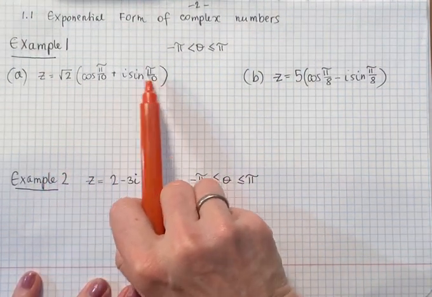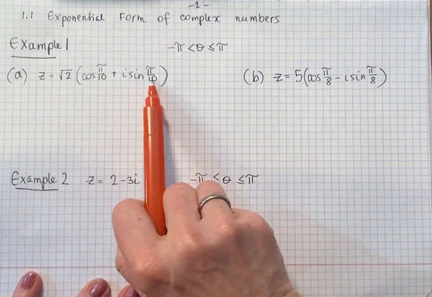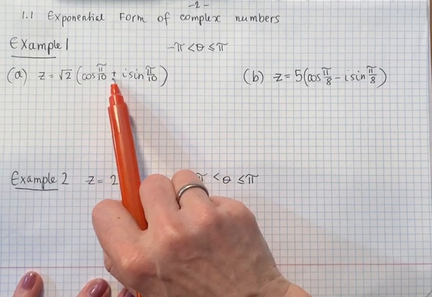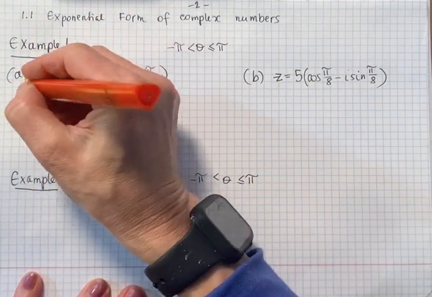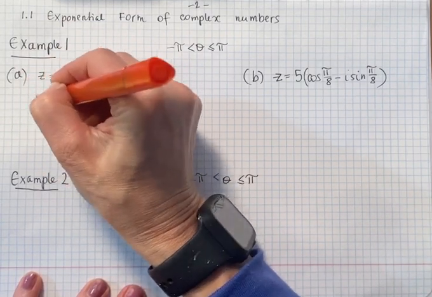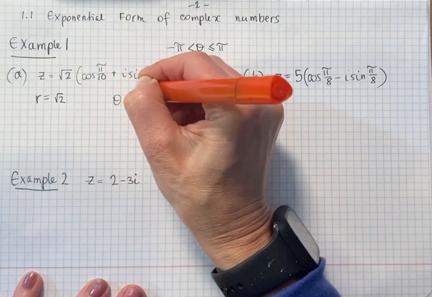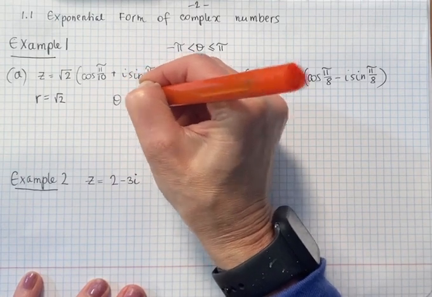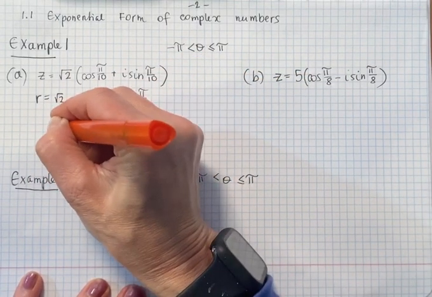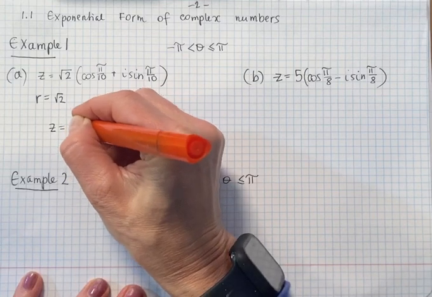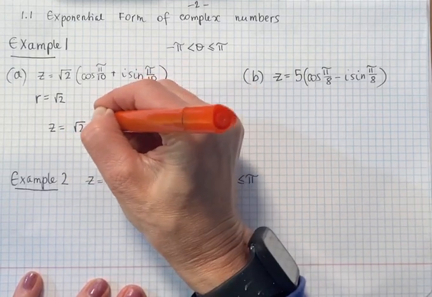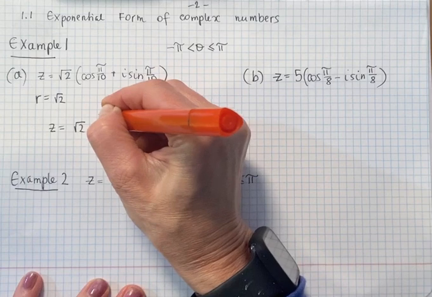Okay, so over here you could see that this is in a perfect trigonometric form. There is no minus. You can say that the modulus, which is the value of r, is simply root 2. The argument, which is theta, is pi over 10. So you could write straight away our complex number z is root 2 e to the power of i pi over 10.